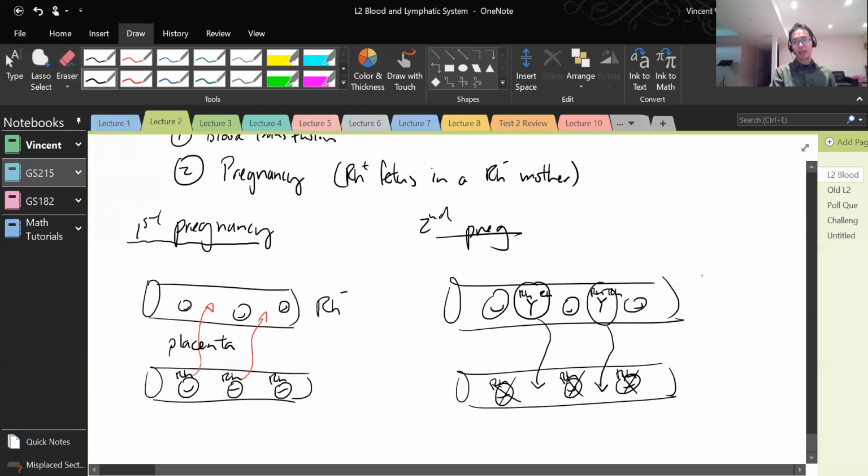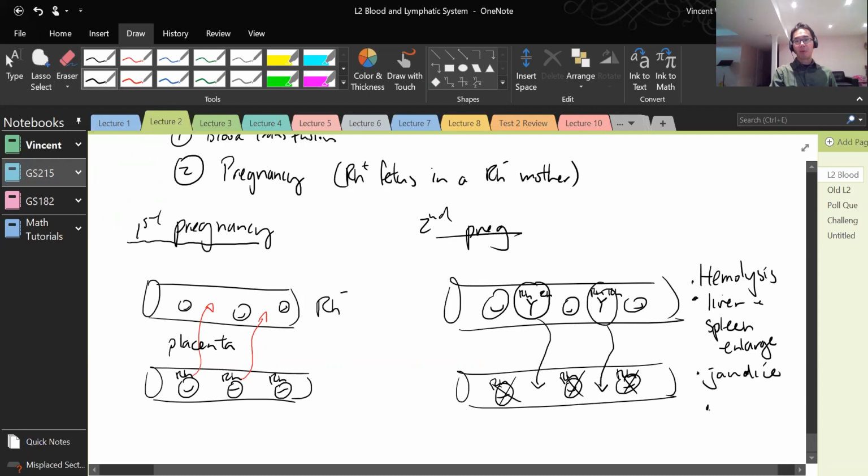So the baby will have lots of hemolysis. The liver and the spleen will be enlarged, because the spleen and liver are what deal with the broken RBCs. They're going to have jaundice because the hemoglobin is broken down into bilirubin.